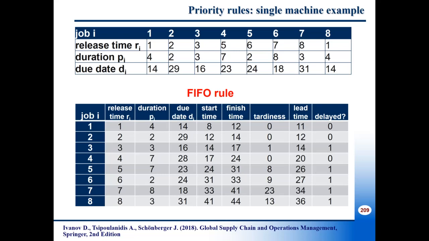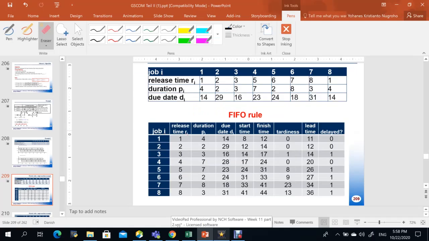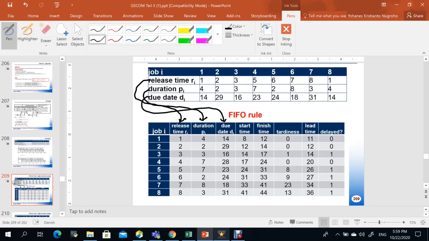Also for the other jobs, we do the same. Next, we transfer information from the upper table to the lower table as follows. Release time goes here, duration goes here, and due date goes to this column.